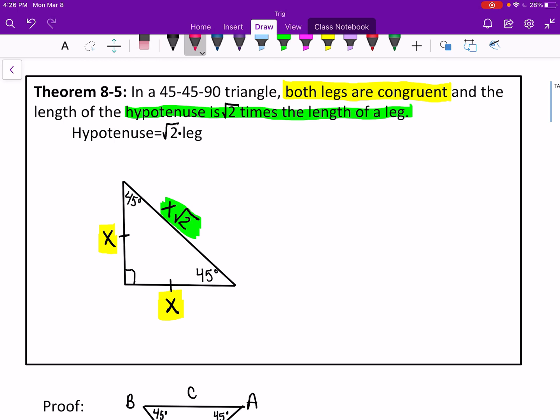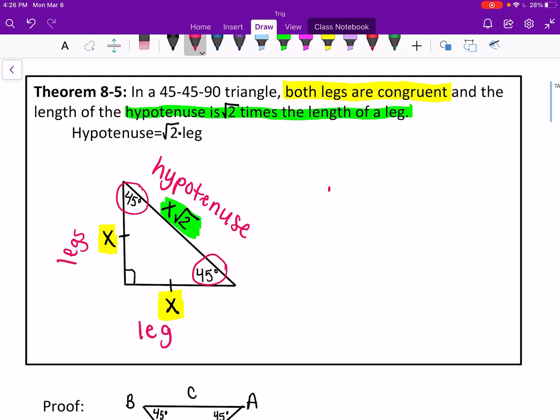In our triangle, our hypotenuse is always across from the right angle. That means our other two sides are our legs. And since two of our angles are 45 degrees, meaning they are congruent angles, the sides opposite from them are congruent.